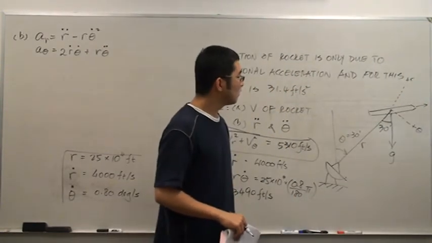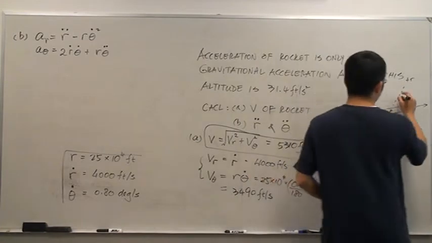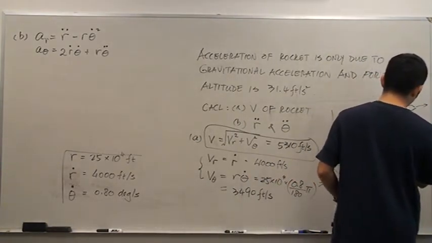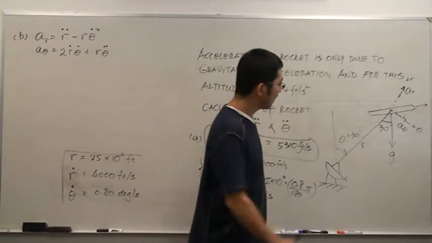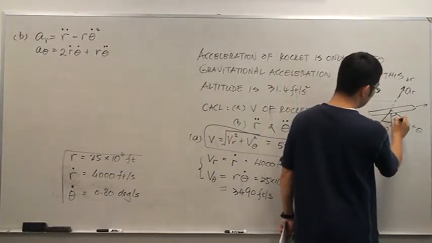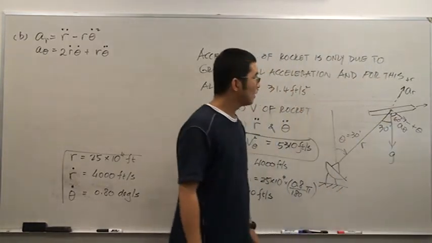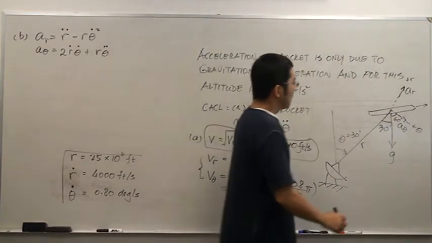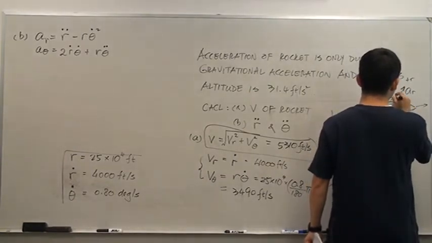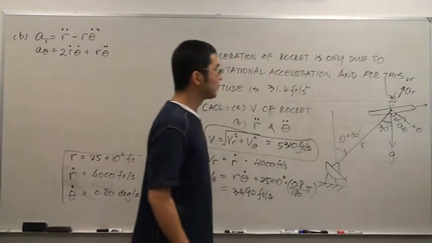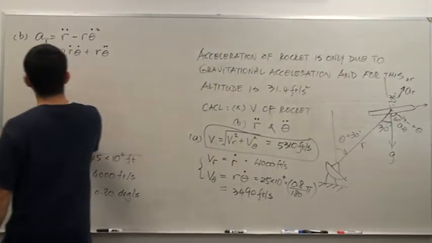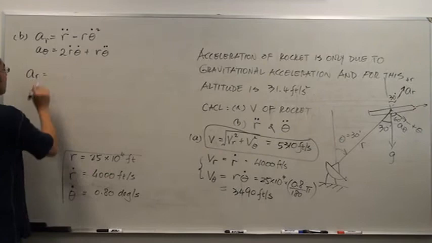So this is your AR. This is your A theta. And of course, this is 90 degrees here. So this is 60 degrees. And this is 30 degrees. So what is AR in terms of G?